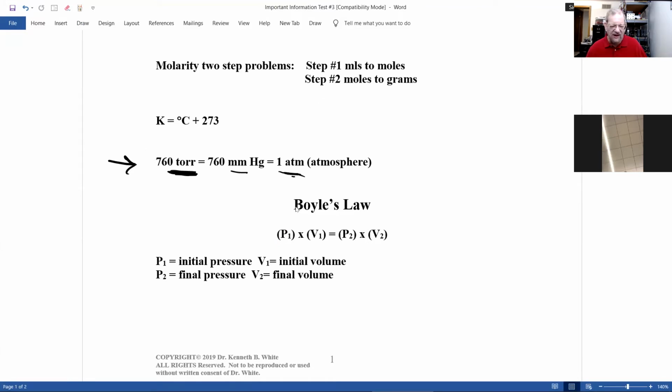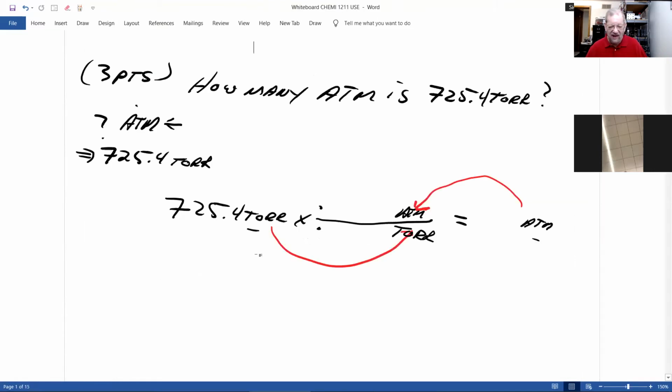So I can go back and say I have 1 atmosphere and it equals 760 torr. And if you notice, torr divided by torr is gone because anything divided by itself equals number 1, meaning it's canceled out.